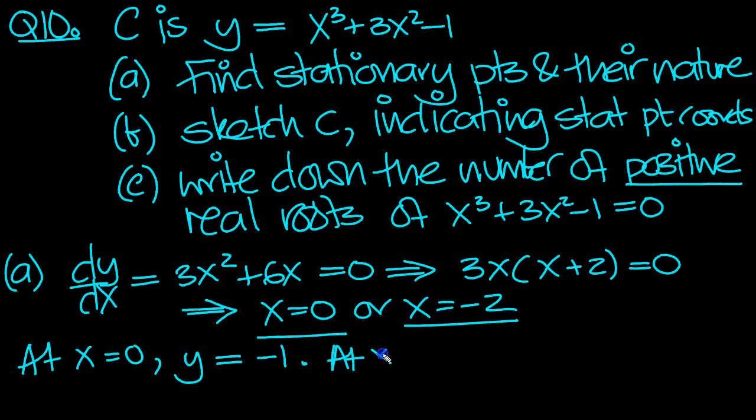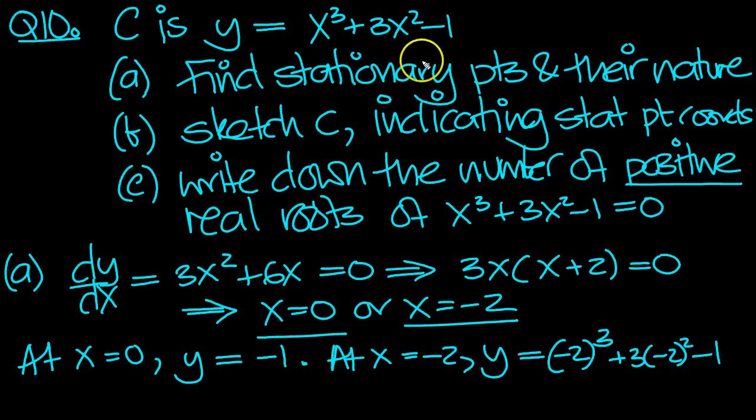At x equals minus 2, y is equal to minus 2 cubed, let's write it down fully, plus 3 times minus 2 squared, minus 1. So that equals minus 8. 4 times 3 is plus 12, minus 1. 12 take 9 is 3.